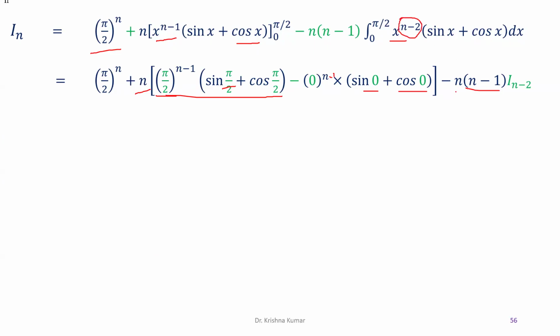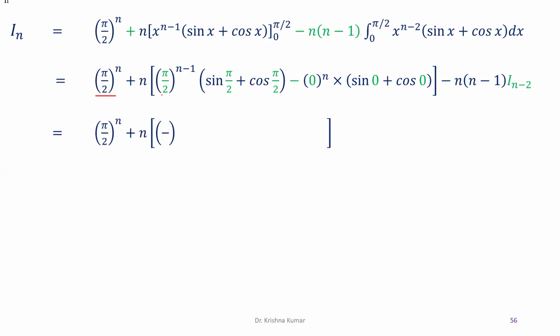So we can write minus n into (n minus 1) into I_(n minus 2). If we again simplify it, (pi by 2) to the power n plus n (pi by 2) to the power n minus 1. Sin pi by 2 is 1, cos pi by 2 is 0. This is again 0 into sin 0 is 0, cos 0 is 1, minus n into (n minus 1) into I_(n minus 2).